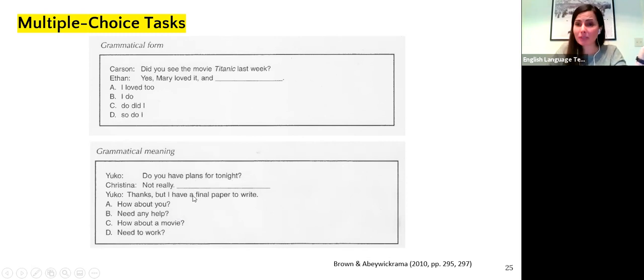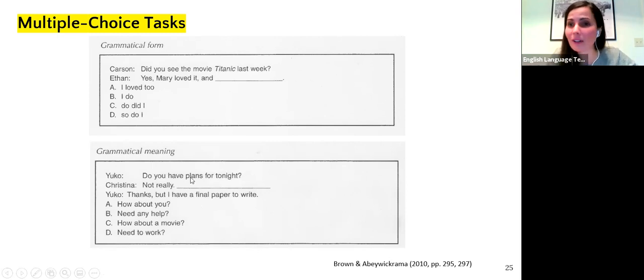But they need to keep reading in order to make sense and choose the correct answer, right? And then you can see here, there's another topic that I love talking about, spoken grammar too. That's another thing that can generate a lot of good discussion. Are we testing spoken grammar on a test, as opposed to, do you need any help or need any help? So here they need to understand the context, right?